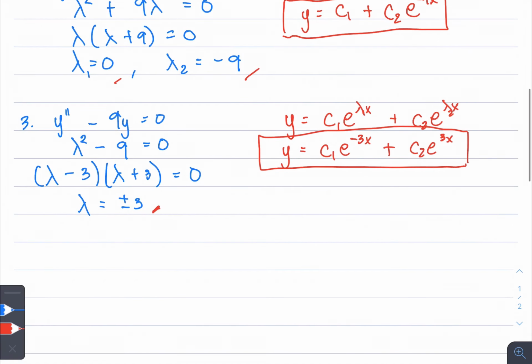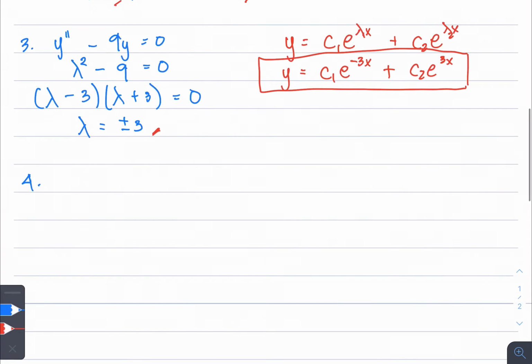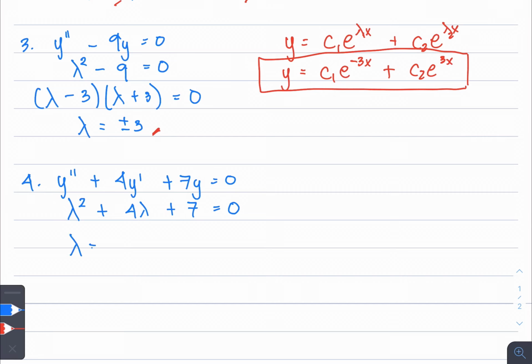And then finally, number 4, we have the ordinary differential equation y double prime plus 4y prime plus 7y equals 0. First step, we get the characteristic equation, that's lambda squared plus 4 lambda plus 7 equals 0. Now, if we cannot factor out the polynomial, we can use the quadratic formula to get the value of lambda.